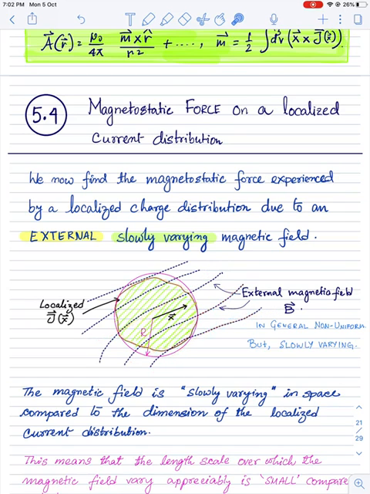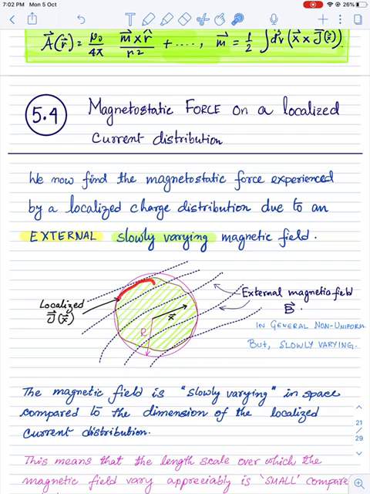There is a localized current distribution like this, and there are some external magnetic fields which are slowly varying. I'll explain what I mean by slowly varying. This current distribution will experience a Lorentz force in this magnetic field, and the question is, what is that Lorentz force for this localized current distribution?